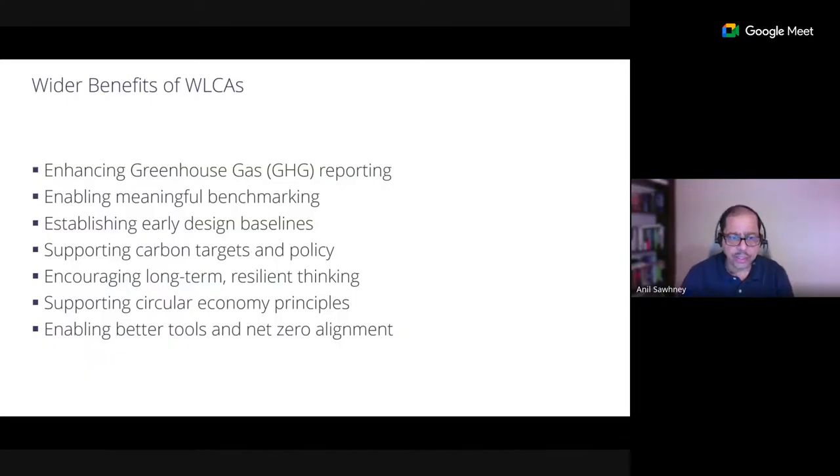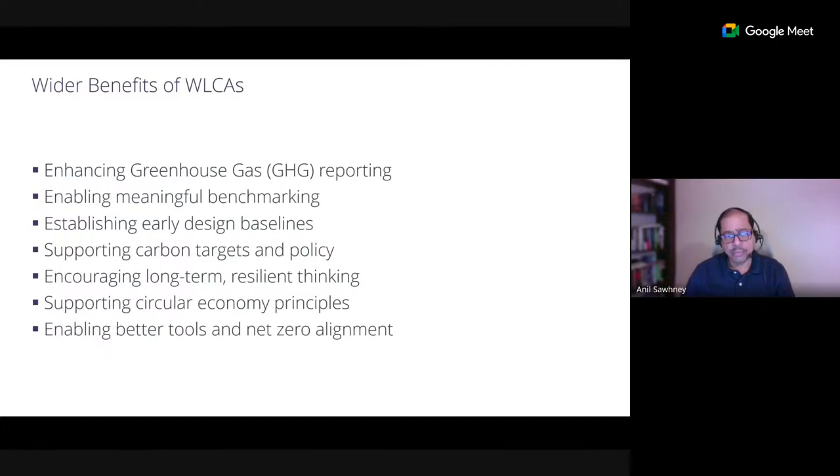Through WLCAs, you can also do meaningful benchmarking. Emissions is something that you have to demonstrate. Some parts of a company's operation can remain confidential. For example, cost generally is not publicly shared.